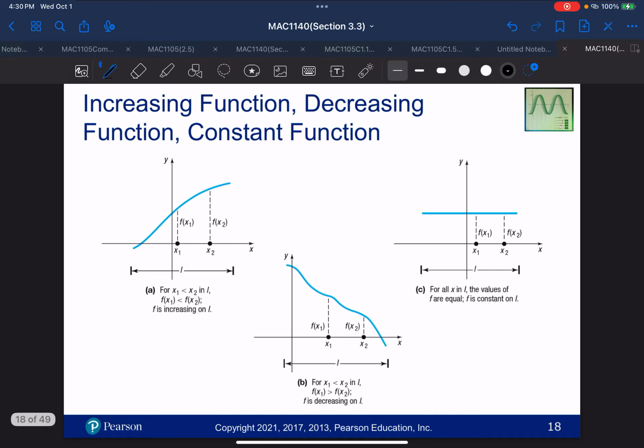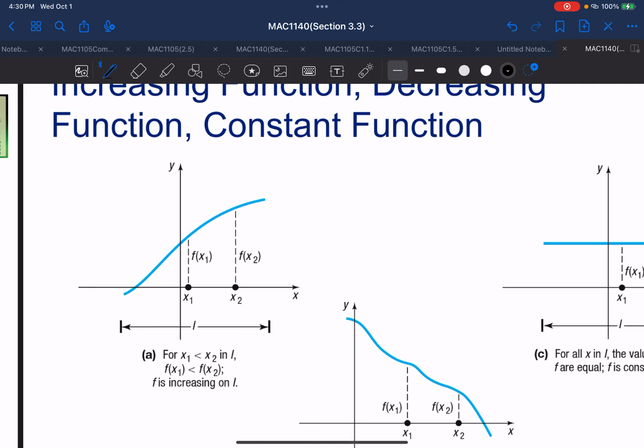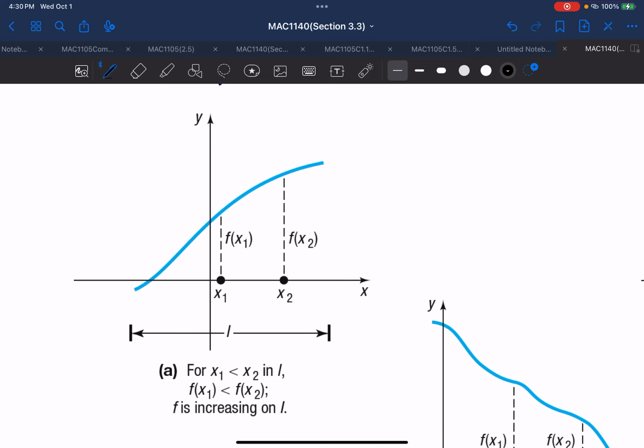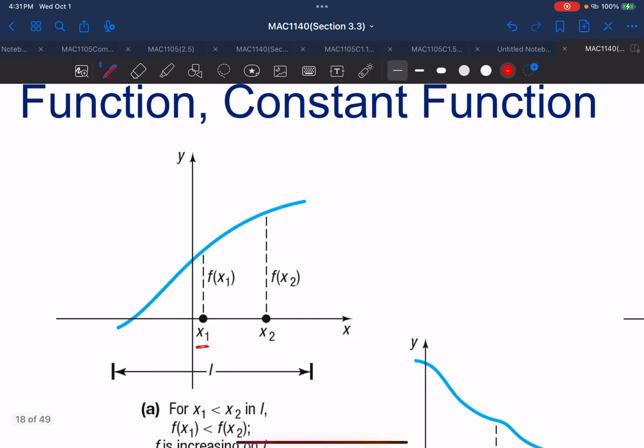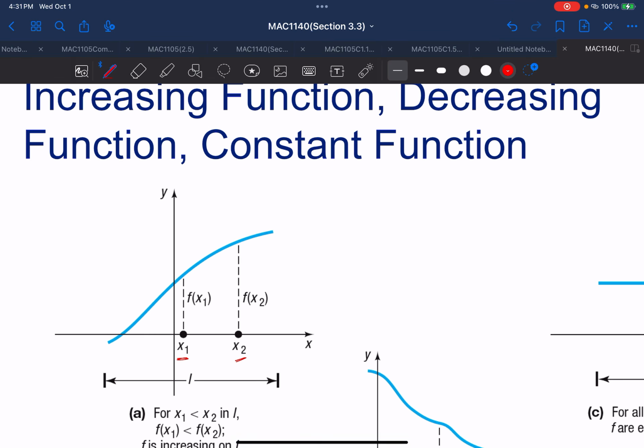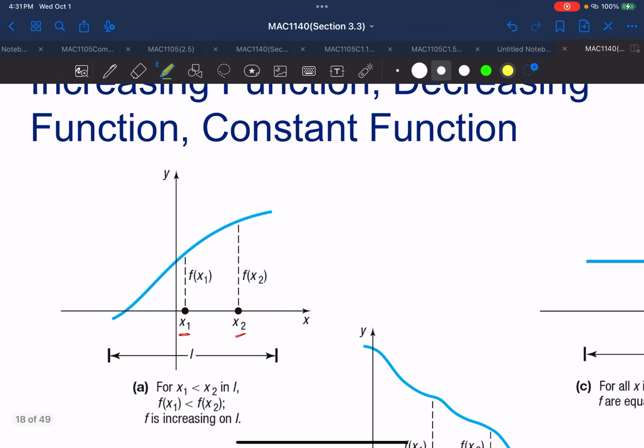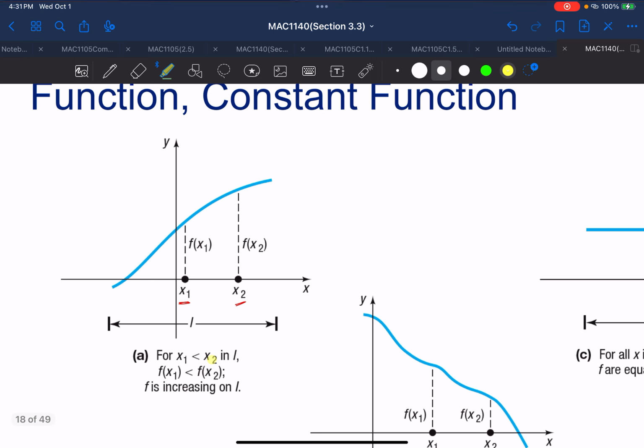Okay, so I'm going to zoom in a little bit just to help make this make sense. So if I have this graph and I have x1 here and x2 here, then x1 would obviously be less than x2.